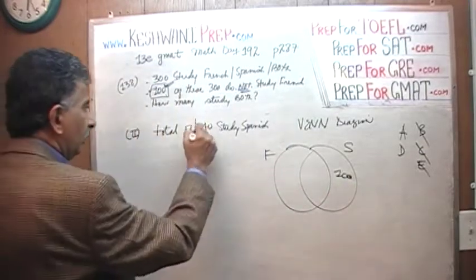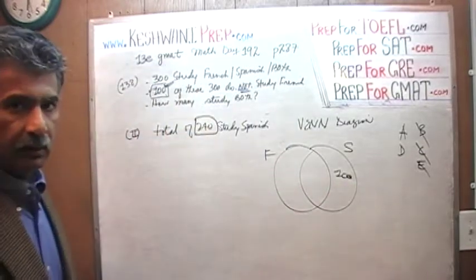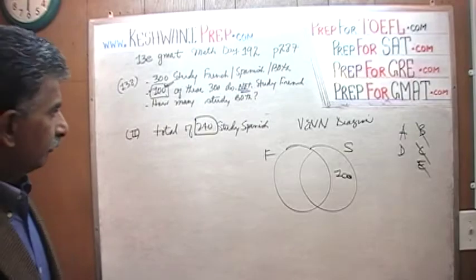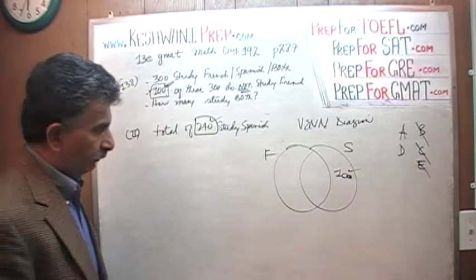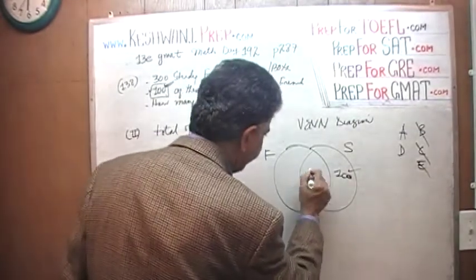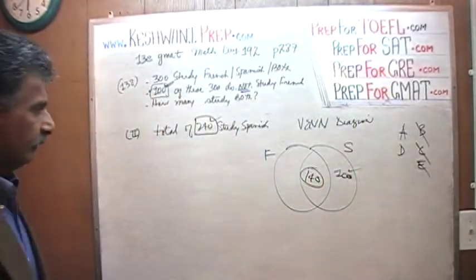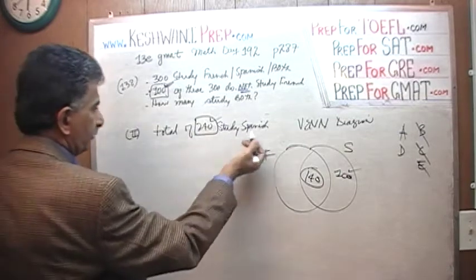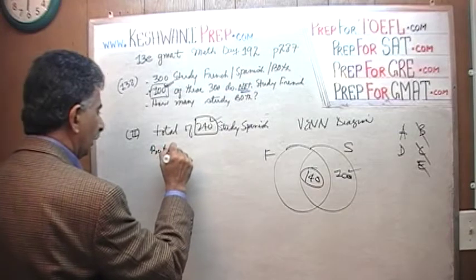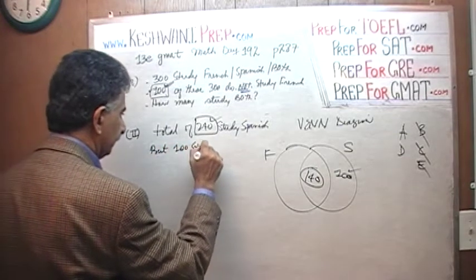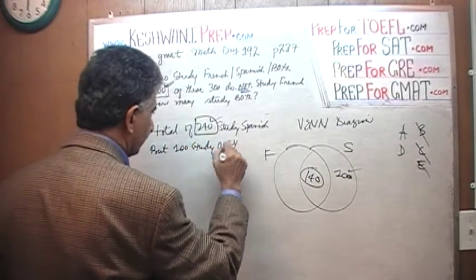But then we are told, total of 240 study Spanish. If the total of 240 study Spanish, and 100 of them study only Spanish, then 140 must study both. Total of 240 study Spanish, but 100 study only Spanish.